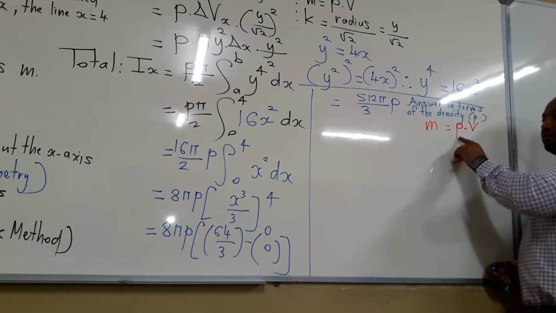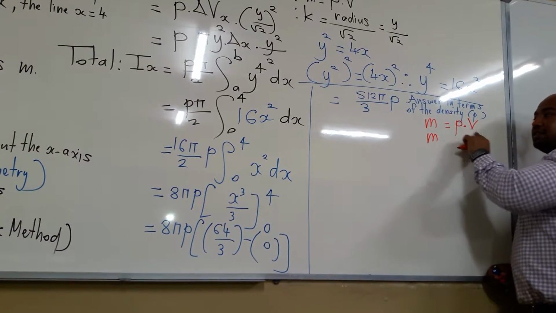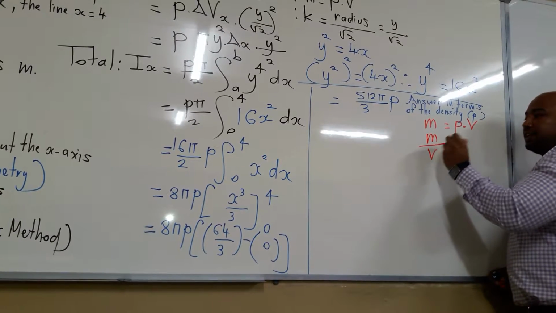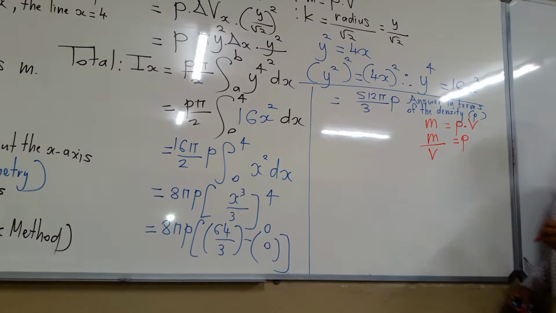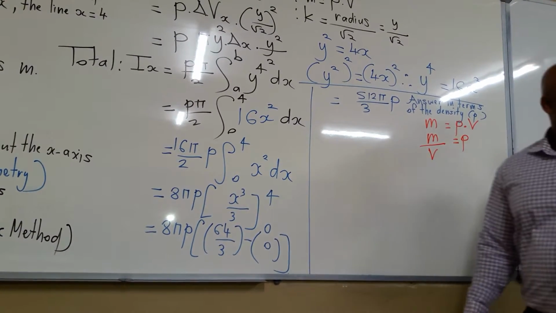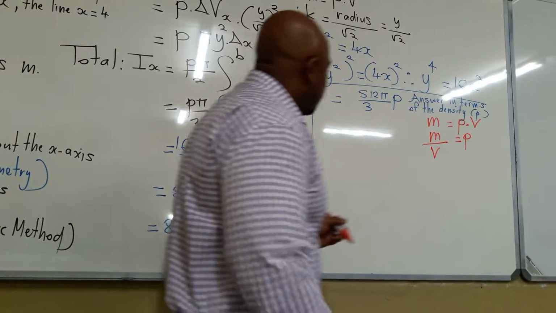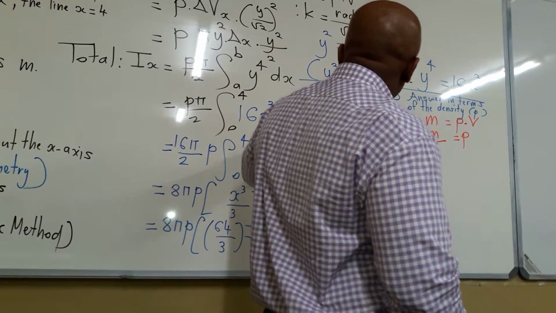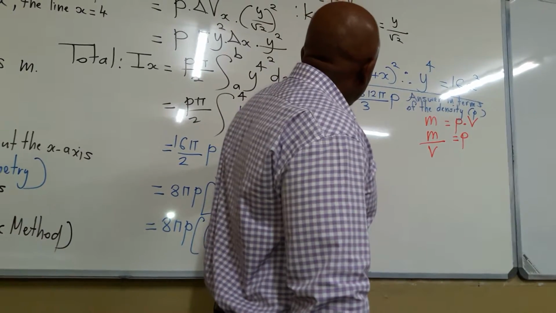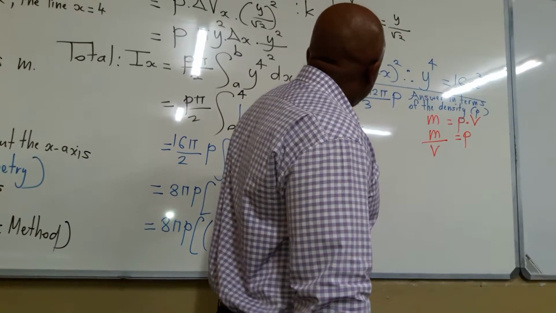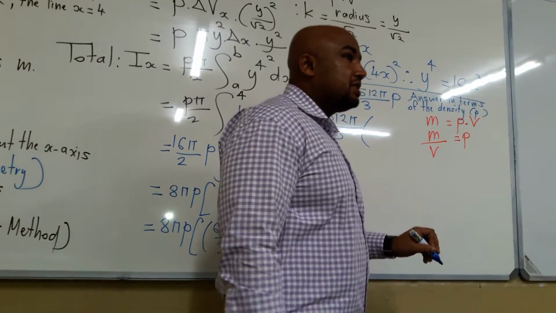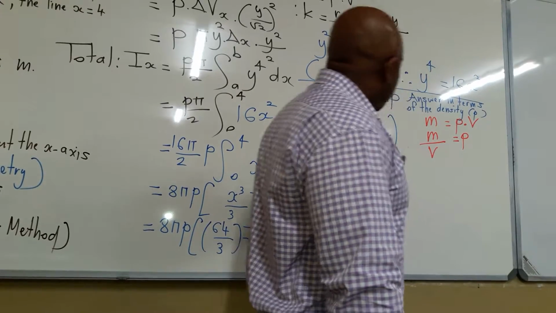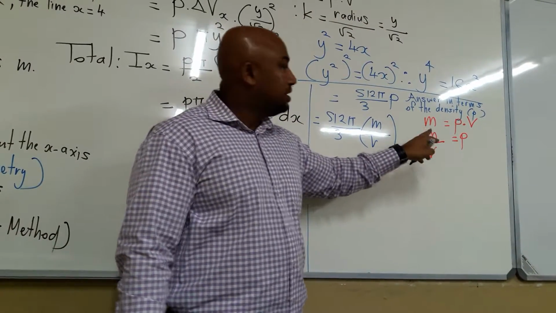So if I divide both sides by the volume, M over V will equal p. Now I can replace this. So this will equal 512 pi over 3 times M over V. I'm replacing p here with M over V.